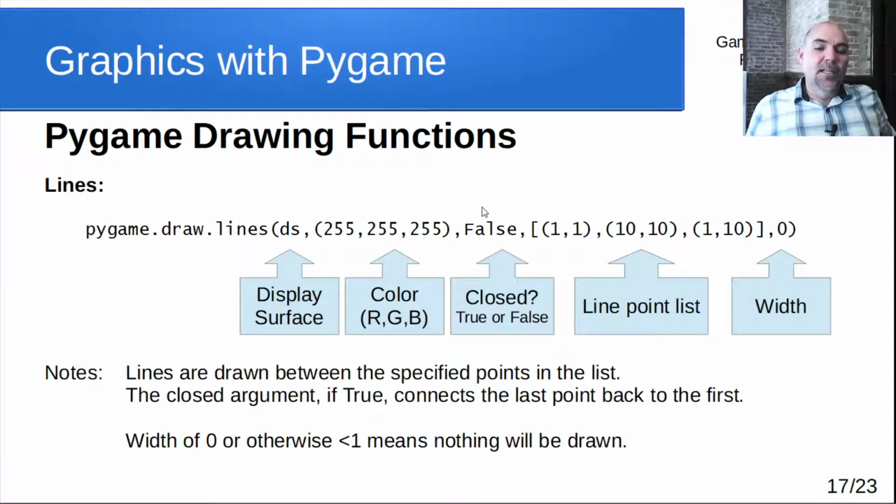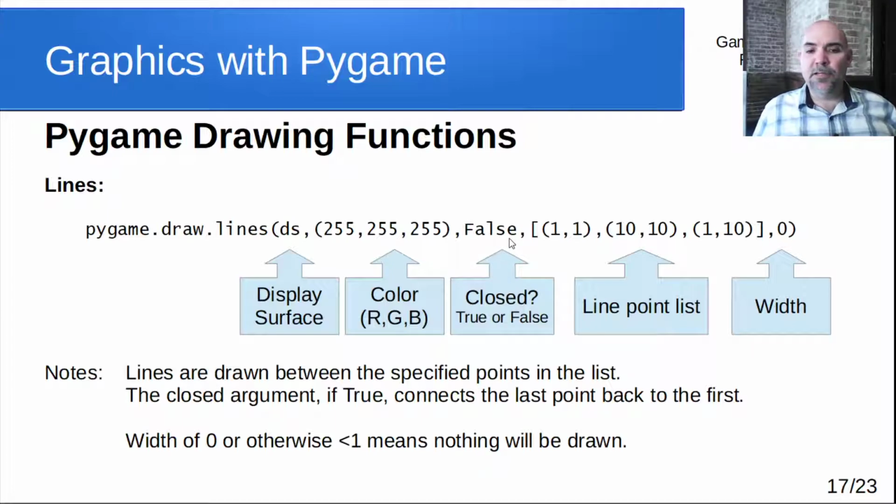All right, lines. Now, we already looked at line, pygame.draw.line. This is pygame.draw.lines, and it works a little bit differently than polygon, but very similarly also. Notice that display surface, pygame.draw.lines, display surface, the color you want the lines to be. And then this extra parameter here, you can either put true or false. If you put false, then it will not connect the last one back to the first.